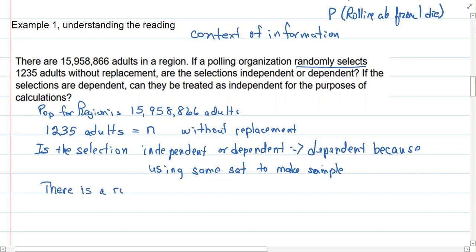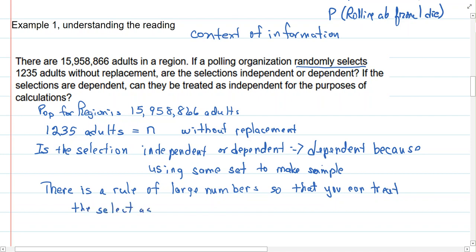is a rule of large numbers. And I think 15 million qualifies as a large number, so that you can treat selection as independent so long as it follows the 5% rule.